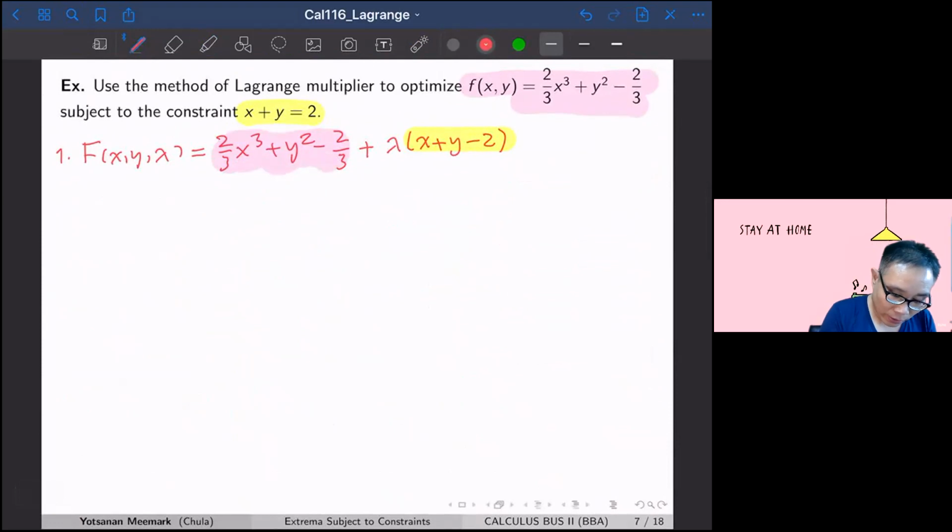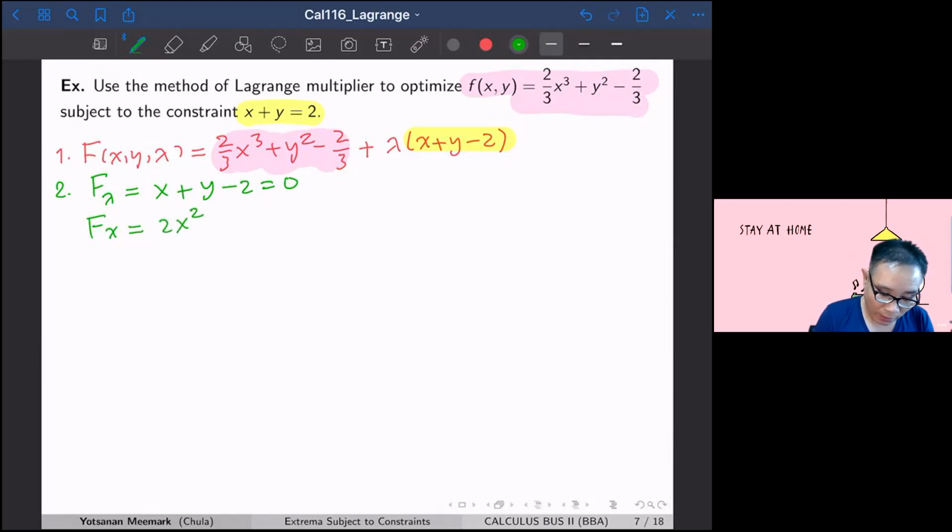So you're gonna differentiate with respect to lambda, which will be x plus y minus 2 equal to 0. And you have fx, okay, differentiate with respect to x. So you get 2x squared plus lambda, okay? And you have fy equal to 2y plus lambda equal to 0 in this case.